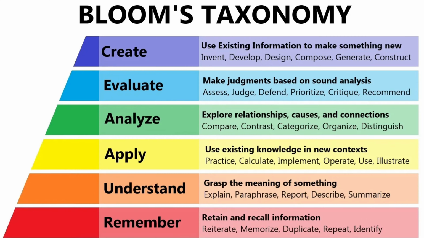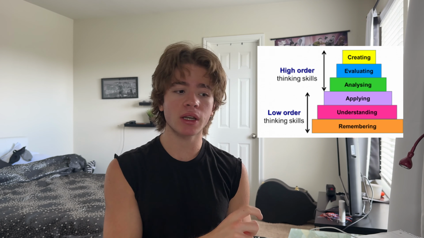And the way I'm going to explain relational priority learning is by using Bloom's taxonomy. Bloom's taxonomy is the hierarchy of thinking that we use whenever we're learning anything. At the bottom, you have lower order thinking skills, and that is memorization and understanding. And unfortunately, it's how we're taught in schools.